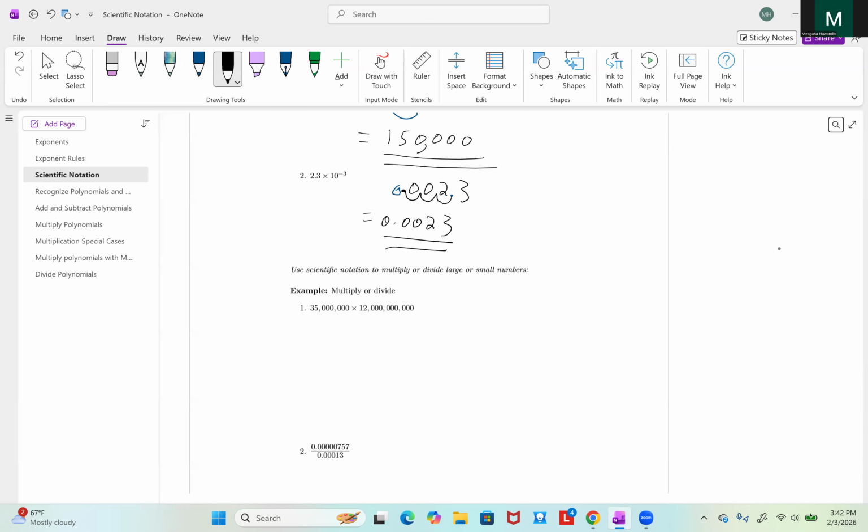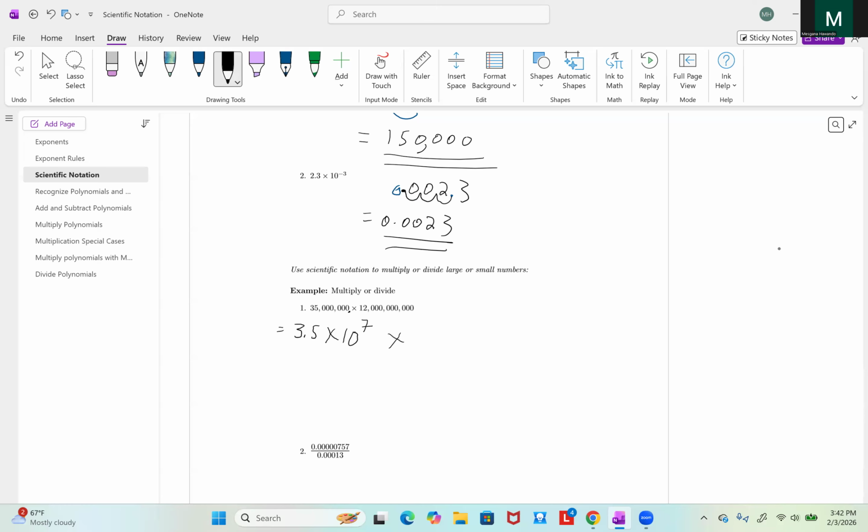The first number becomes 3.5 times 10 to the power of, so the decimal, to move it between 3 and 5, currently it's right here. We moved it 7 places to the left, so it would be +7.